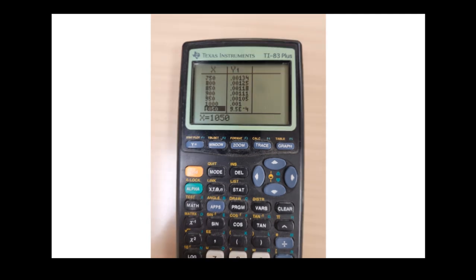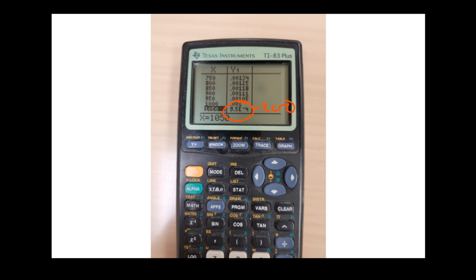to 0. Now, we never actually get to 0, but we get to the point where the calculator says, all right, I can't write 0.0000 any longer, so I'm going to tell you that the value is scientifically small.